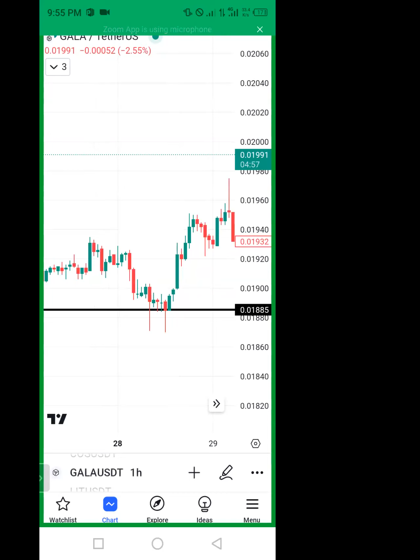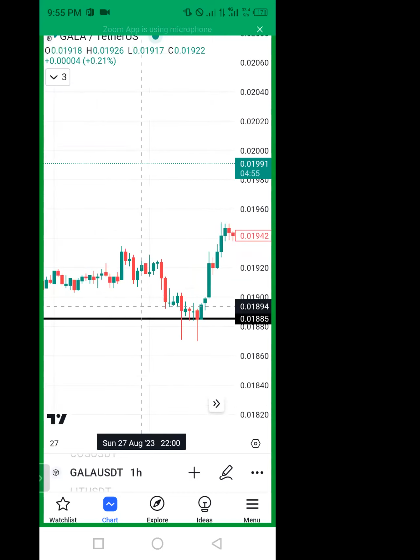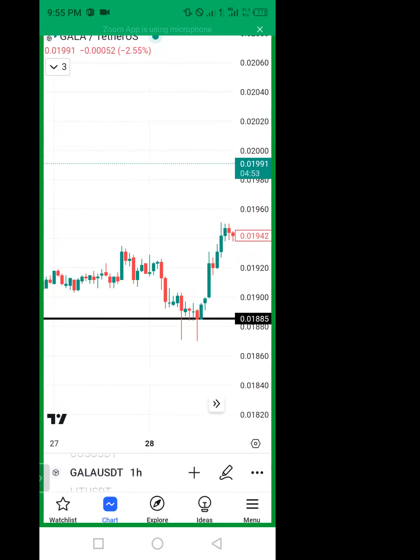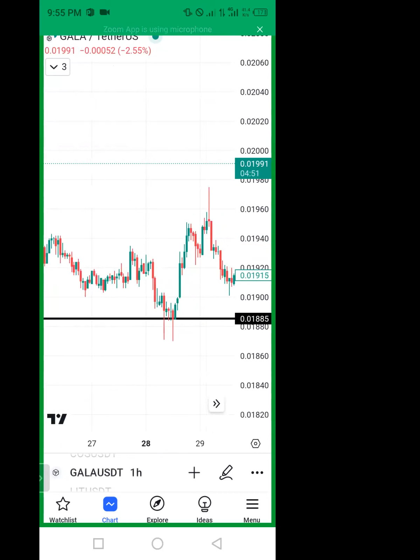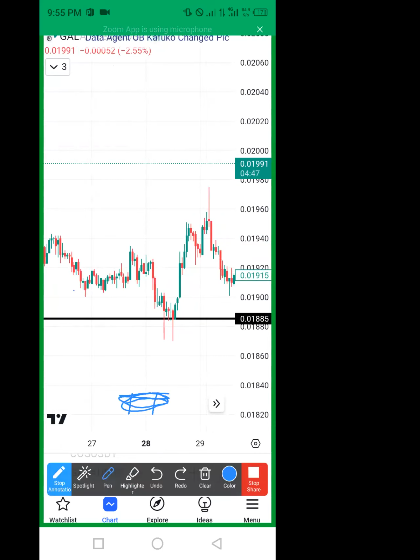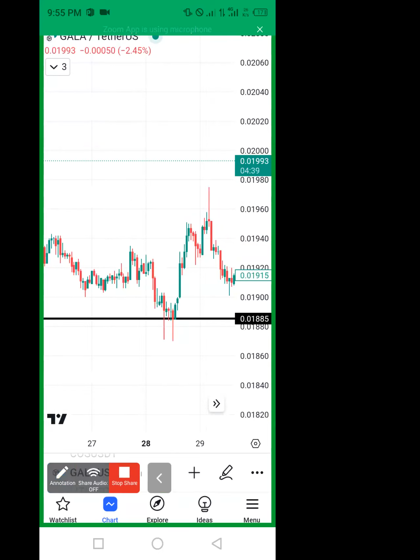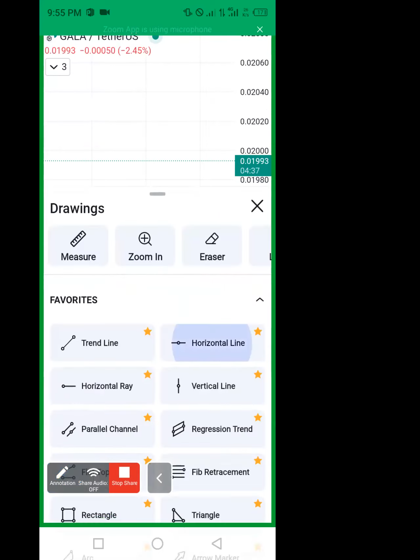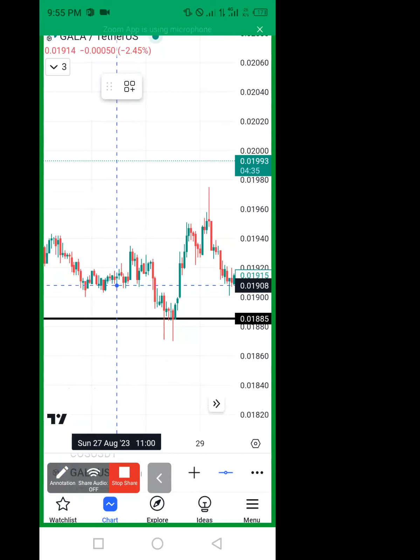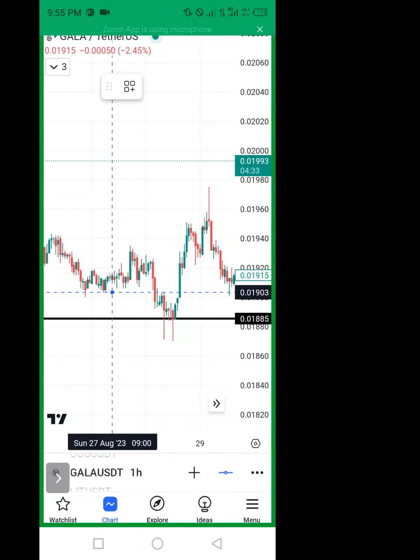I can also cite out another place. When I look somewhere here, I am seeing some candles ending there. So if I am seeing some candles ending there, I can just bring my horizontal line and draw it there.